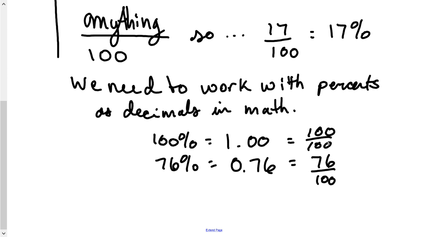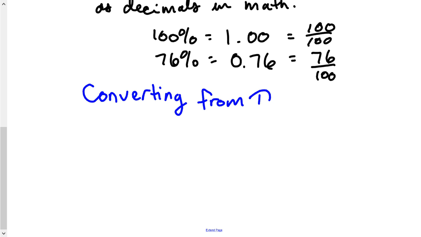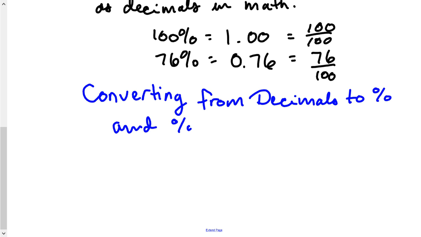So let's write a little bit of a rule for this. I'm going to say converting from decimals to percent and percent to decimals.